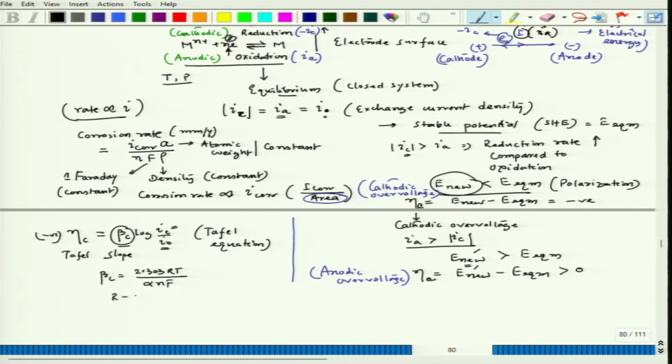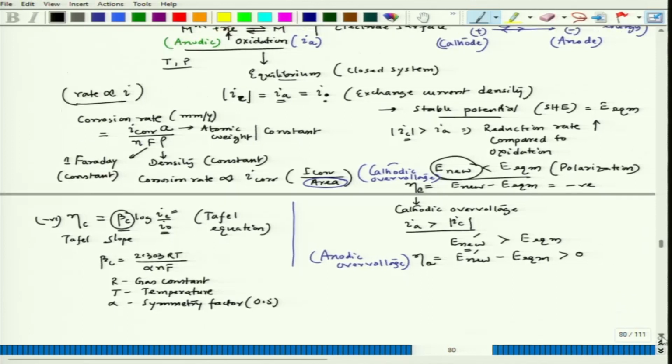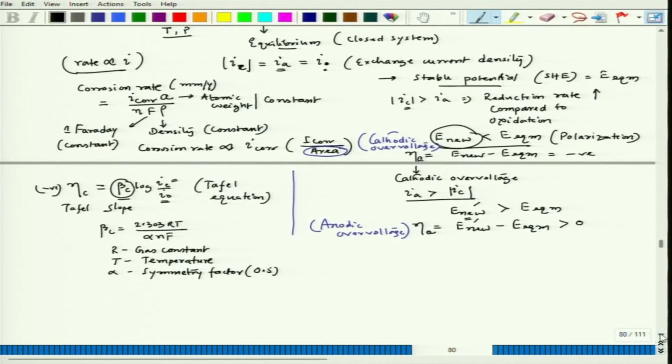R is gas constant, T is temperature, alpha is symmetry factor, we can assume it to be 0.5 considering that both the possibilities are same, whether cathodic reaction or anodic reactions.